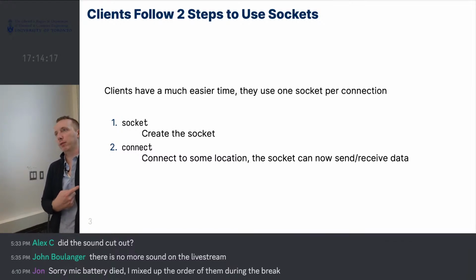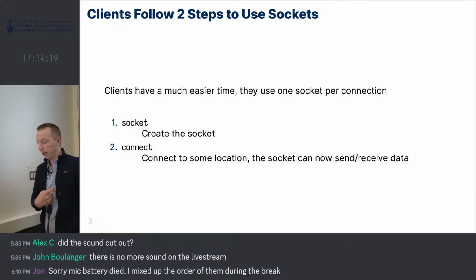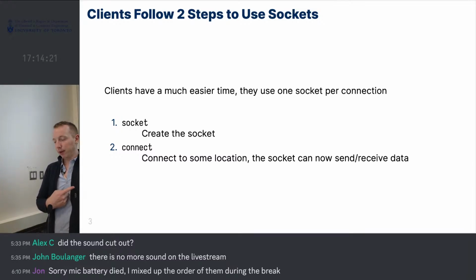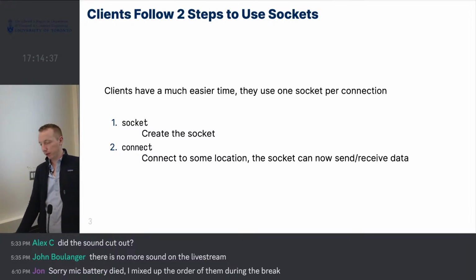You'll return -1. It'll set errno. It'll tell you why. If connect is successful, your file descriptor from socket is now valid, and you can now read and write on that file descriptor, and the opposite thing will happen on the server. So you can send information to the server and read information from the server.